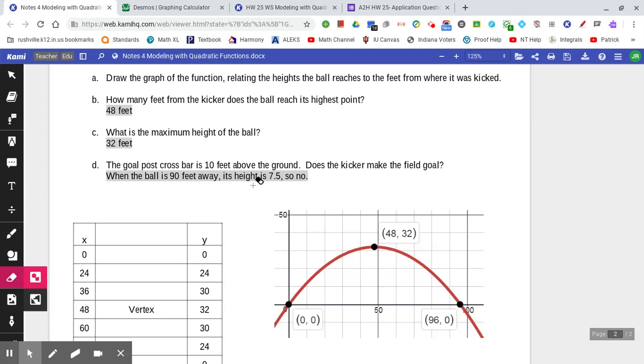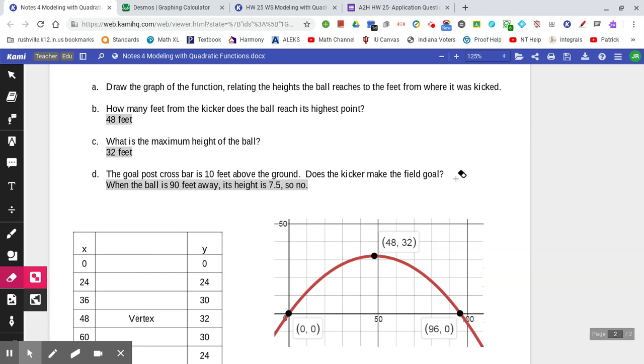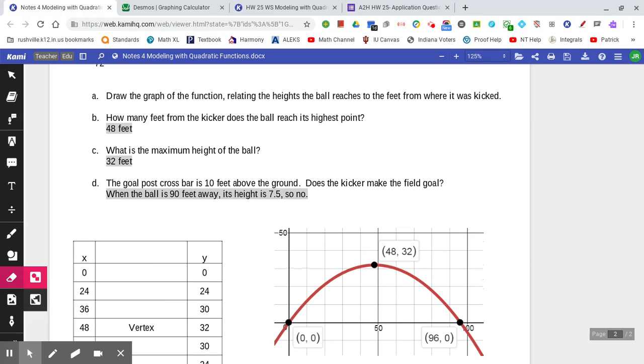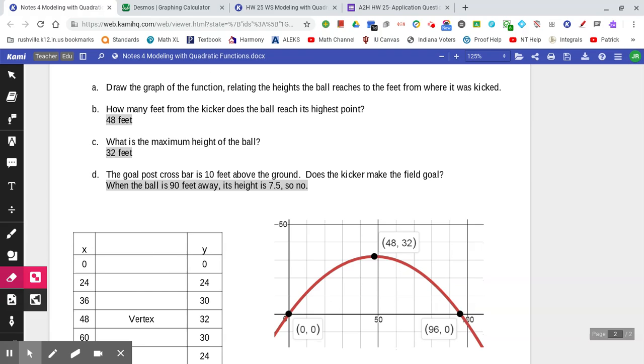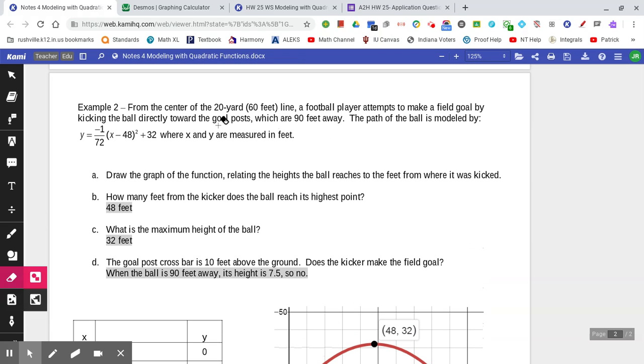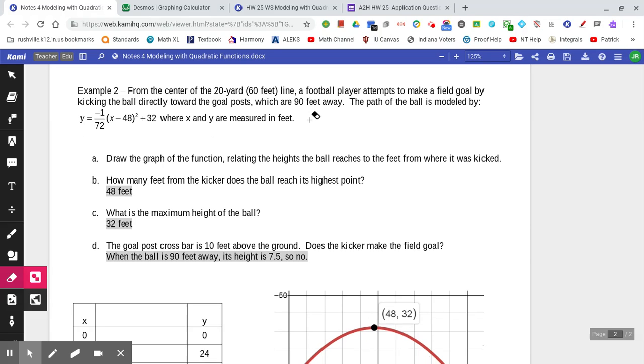It says the goalpost crossbar is 10 feet above the ground. Does the kicker make the field goal? All right, so when the ball is 90 feet away, okay, because we need to do a little bit of math here, because it says up here in the problem that from the center of the 20-yard line, which is a 60-foot line, that this kicker is attempting to make the field goal. The posts are 90 feet away.